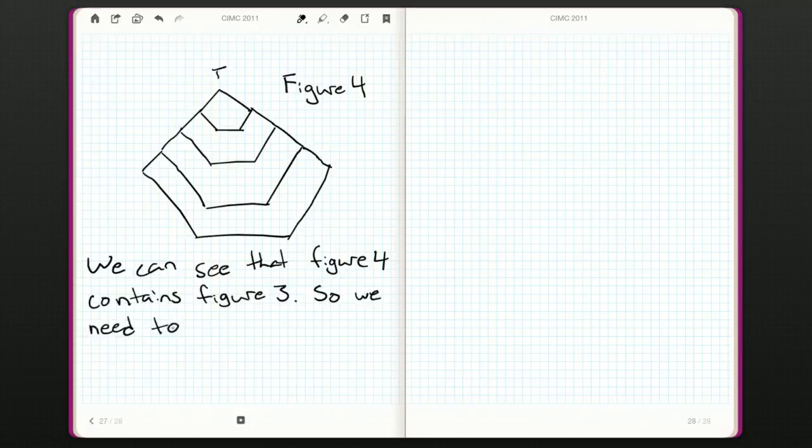So how do we figure out the ink length of figure 4? We just need to take the ink length of figure 3, which we already know, and figure out what extra bits have been added to make figure 4.